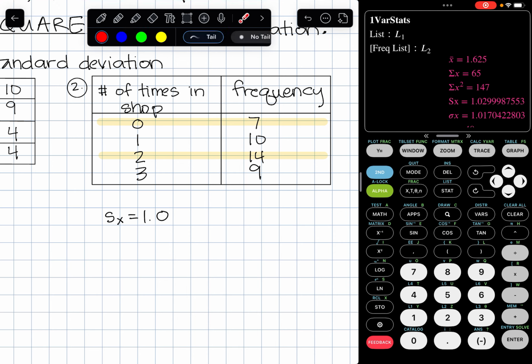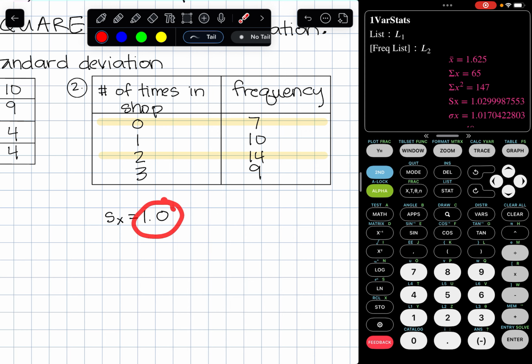So for this data set, the average data point in this table is 1 point away from the mean, meaning the data is clustered fairly close together, which makes sense because the range is very small, 0 to 3, and most of the data is between 1 and 2.